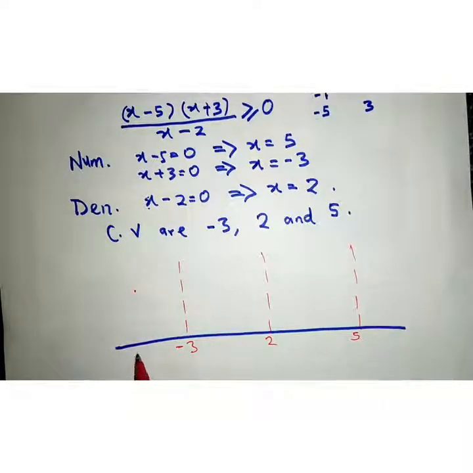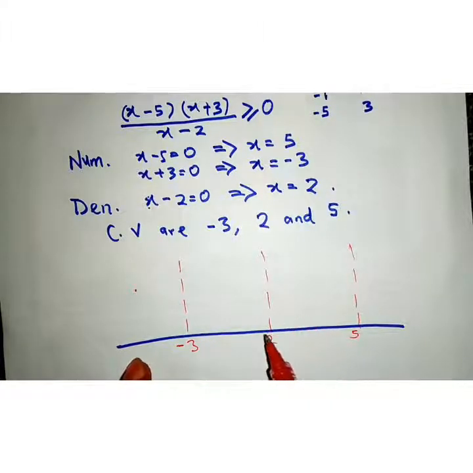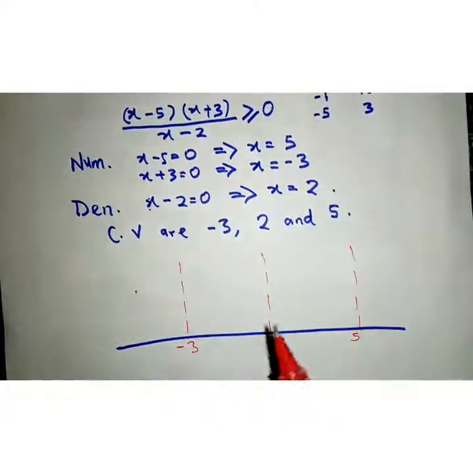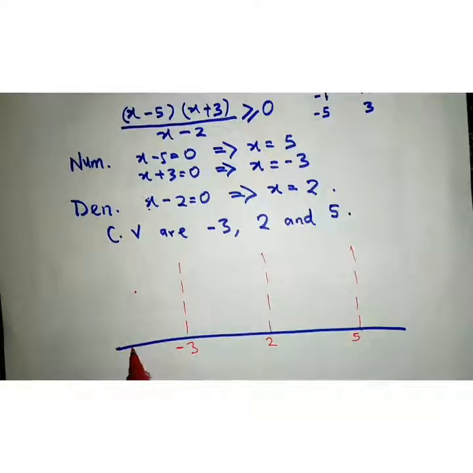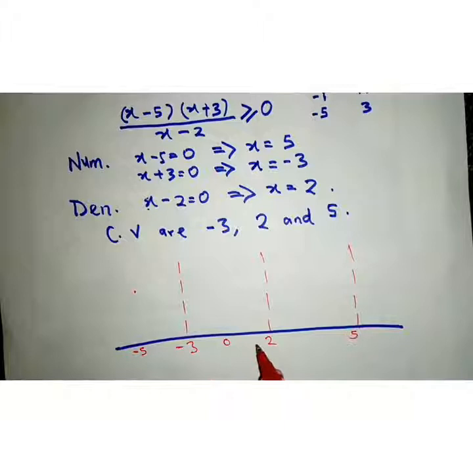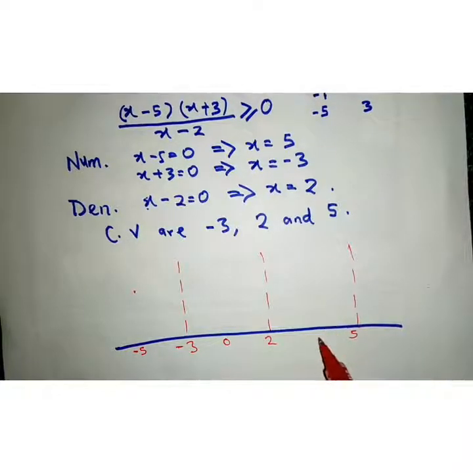So we pick a number in each of the intervals and test whether they satisfy the inequality above. For this interval, we can pick minus 5. This interval we pick 0. For this interval, we pick 3. And for this interval, we can pick 6.